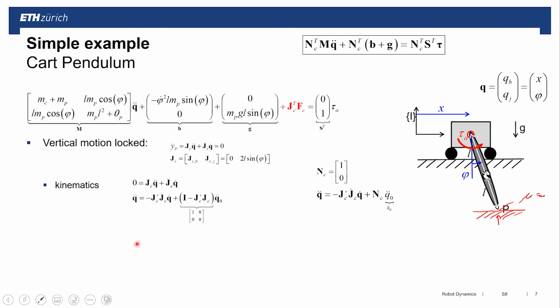So what we did then is that, okay, if I have this null space with this one instead of this quadratic one, I have a different dimensionality NC than in this NC. And if I look at this Q double dot here, and I look at this NC, I see this NC essentially just selects the first component, and the second one is 0. So this Q double dot is an X double dot.